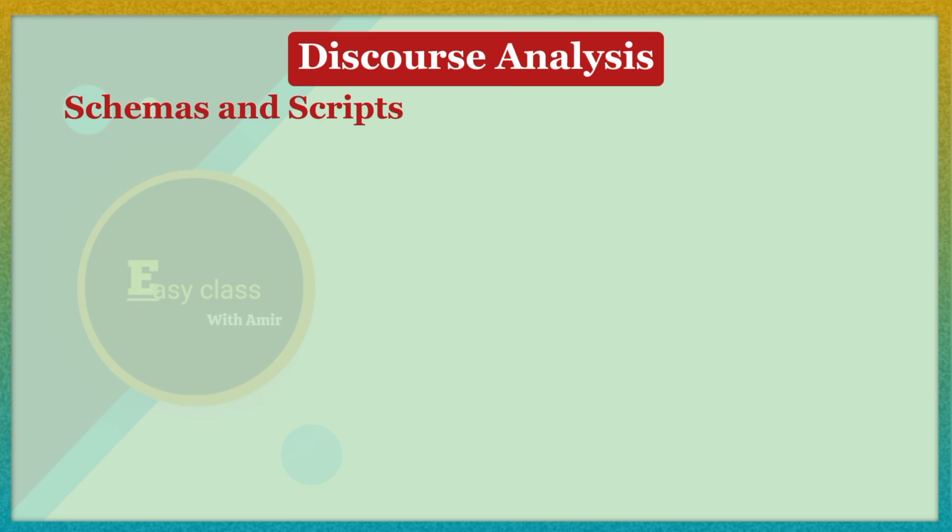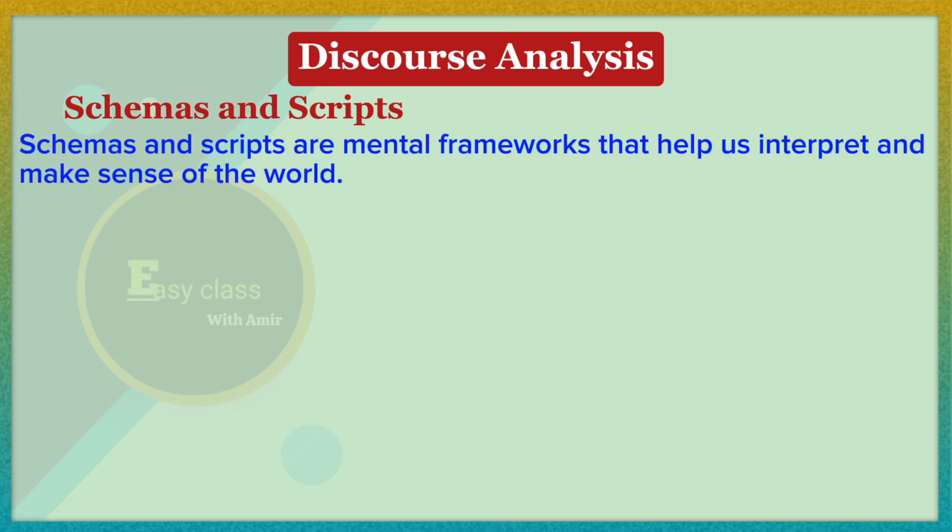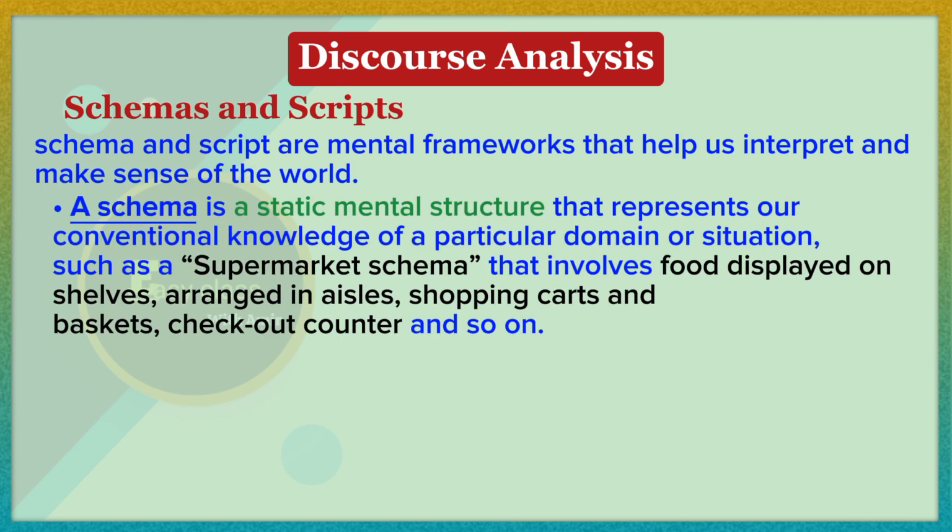Schemas and scripts. Schemas and scripts are mental frameworks that help us interpret and make sense of the world. A schema is a static mental structure that represents our conventional knowledge of a particular domain or situation, such as a supermarket schema that involves food displayed on shelves, arranged in aisles, shopping carts and baskets, checkout counter, and so on.